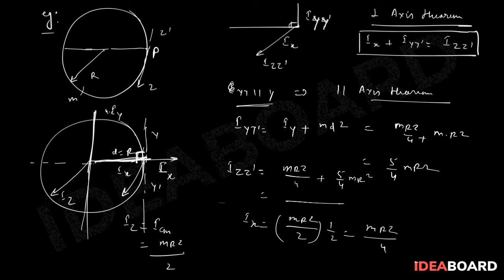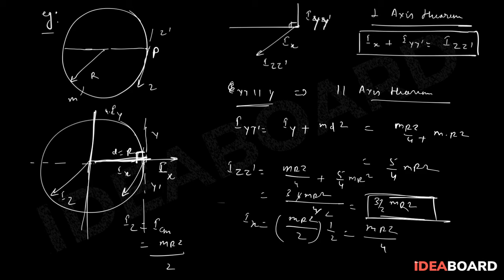So this is finally how much? 6 mr square by 4, that is 3 by 2 mr square we are achieving. Interestingly, you are seeing that we are achieving the same answer which we had earlier calculated with the help of parallel axis theorem only. So this is a little bit tricky one in terms of application for the same question, but yes, sometimes it is really helpful. So that's why I explained this particular thing.